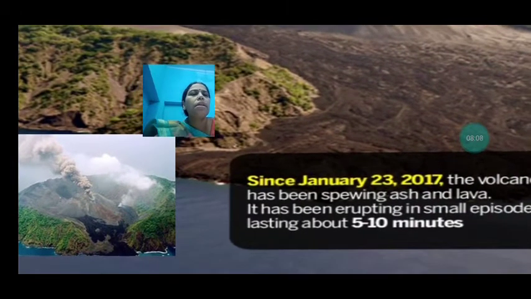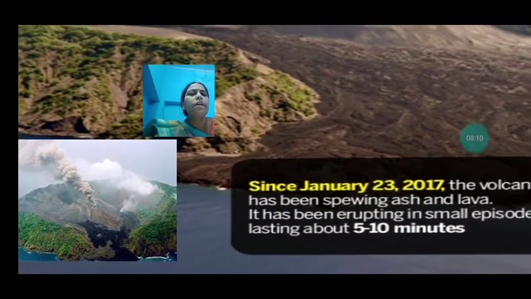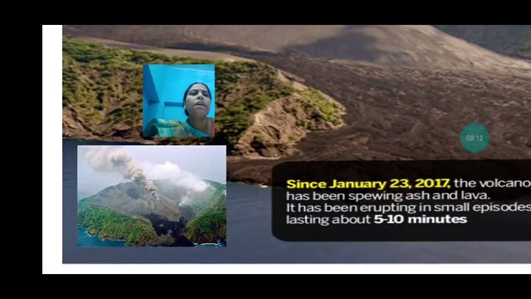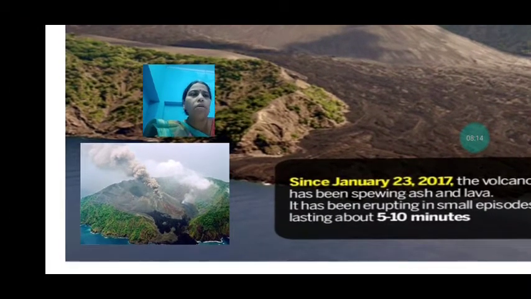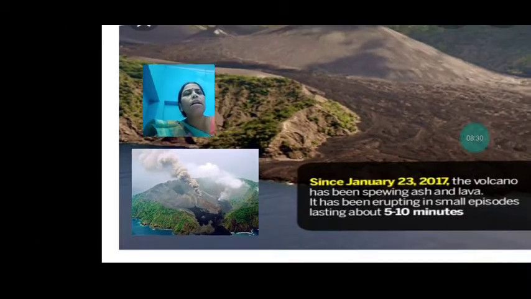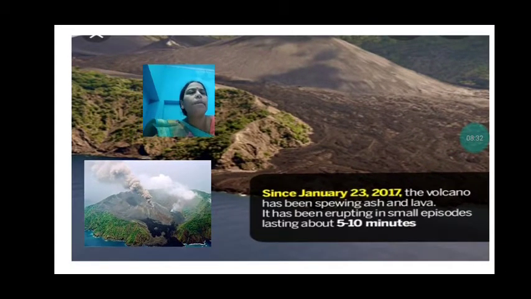From that time this volcano is giving out ash and lava, and it stops, again it starts erupting, and that eruption lasts for 5 to 10 minutes, again it stops, and after a few years it again gives out ash and lava. So that is an active volcano.